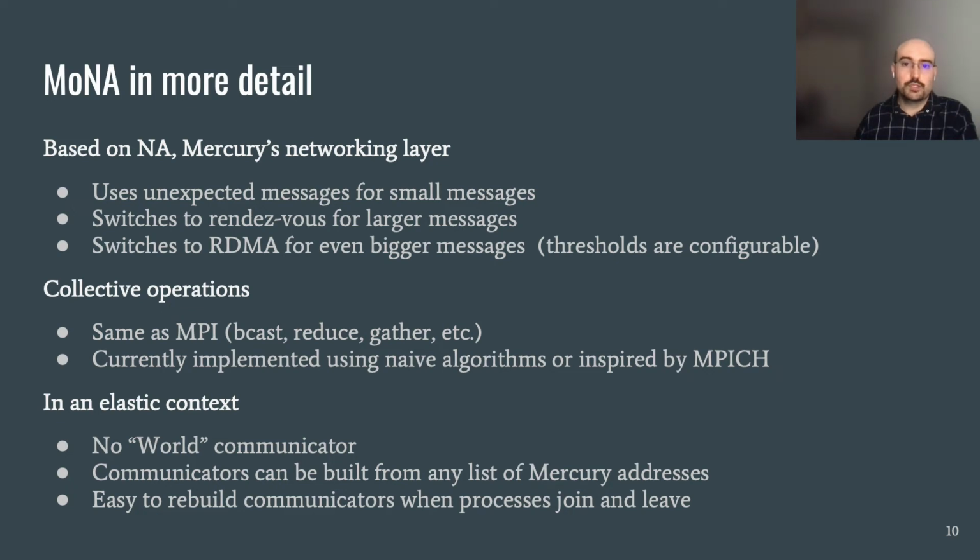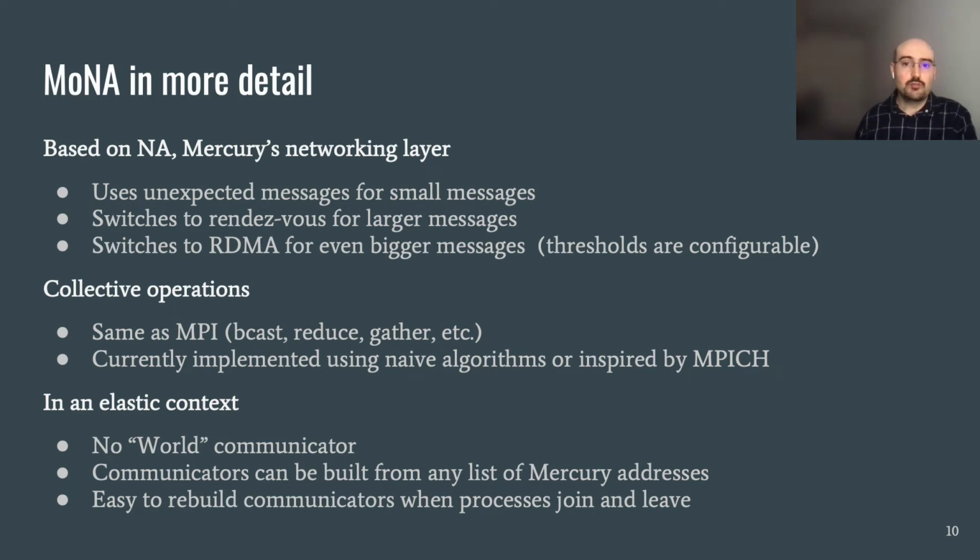The collective operations that it provides are similar to that of MPI, meaning we have broadcast, all gather, reduce, and so on. And currently we implemented them either using naive algorithms or using algorithms inspired by MPICH. We did not try to optimize in particular these algorithms. Our point in this work was really to show that we can replace MPI with something else in existing frameworks.